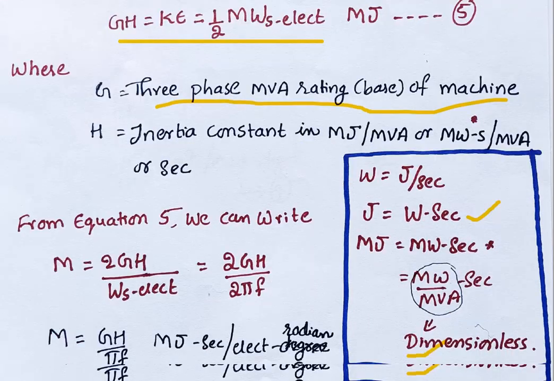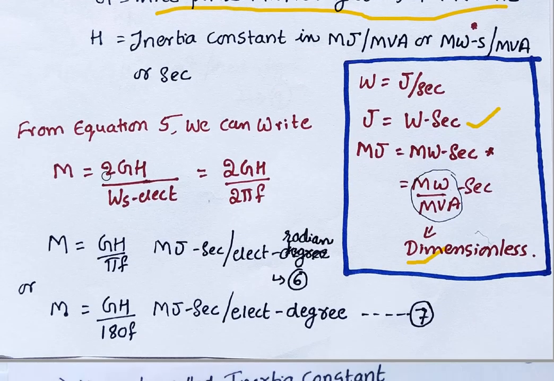From equation 5 we can write that M equals 2GH by omega S electrical, so 2GH by 2 pi F. Omega S is in electrical form, 2 pi F.